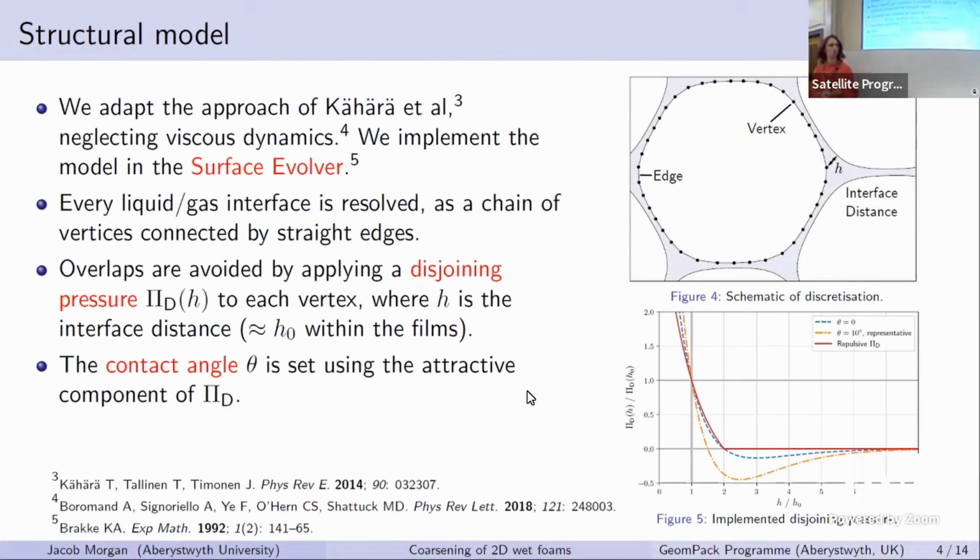And then, if one is wanting to find H for vertex A, one finds its nearest neighbor as vertex B, I should say nearest neighbor on another interface. And then from vertex B, you have its two neighbors and the edges that join them directly from the Surface Evolver, from the way it keeps track of things.